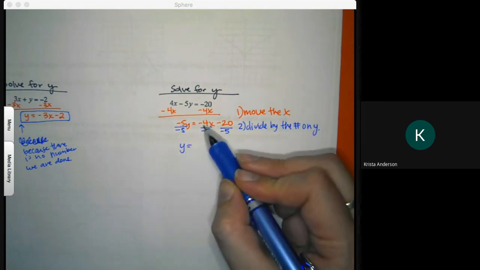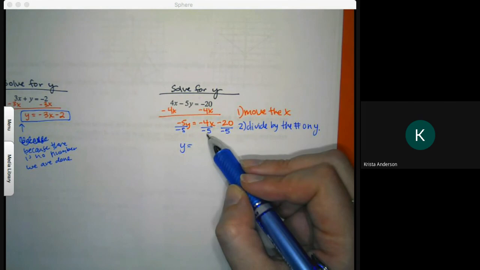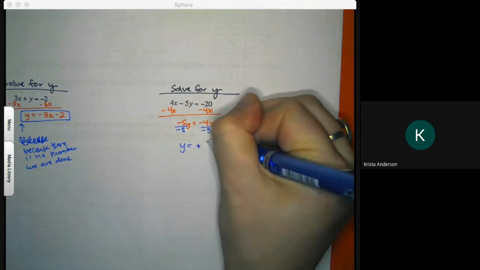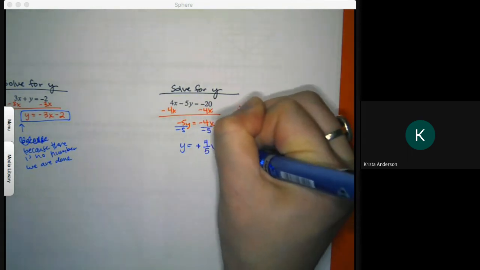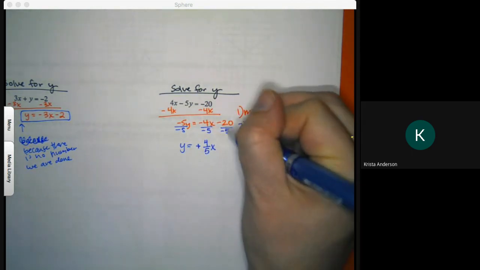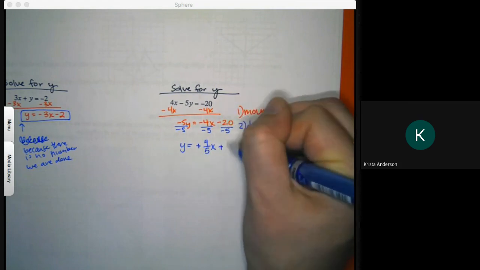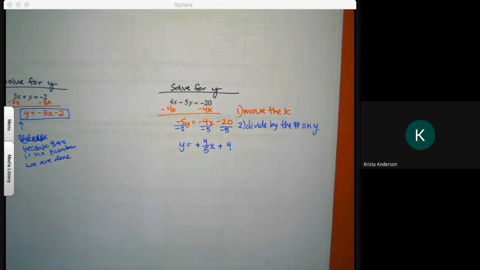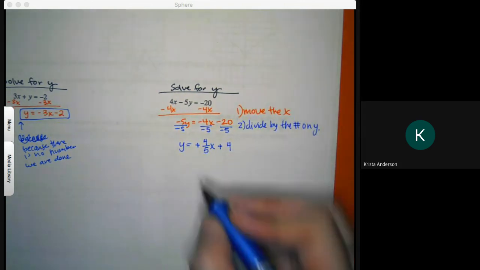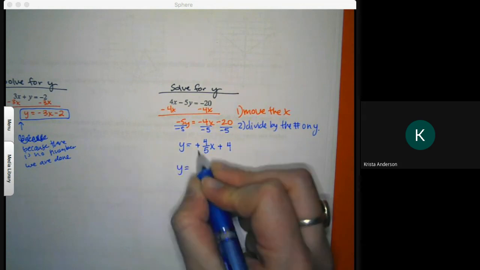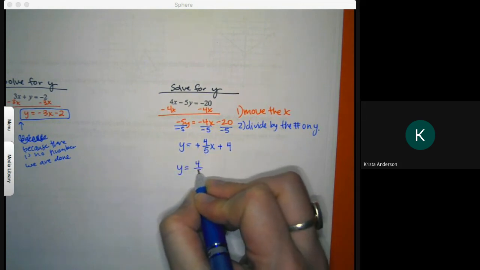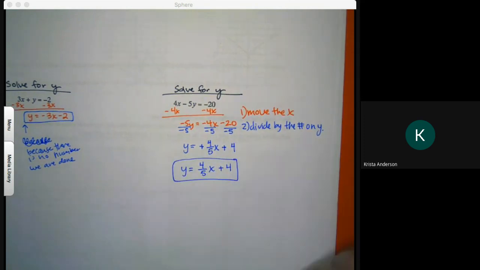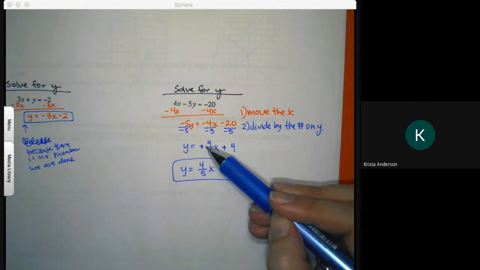What is negative 4 over a negative 5? What do the two negatives switch to? A positive. What do two negatives change to again? Positive. 20 divided by 5 is 4. When I type it in, I do not need the plus sign there. That's just a reminder that two negatives become a positive.